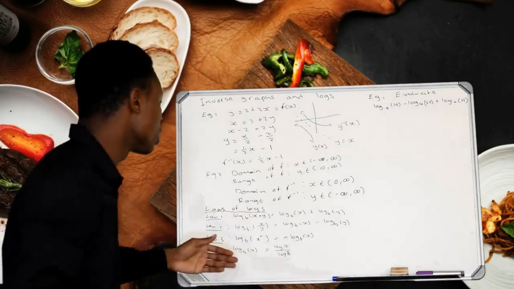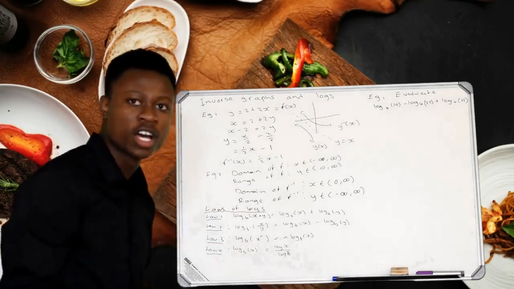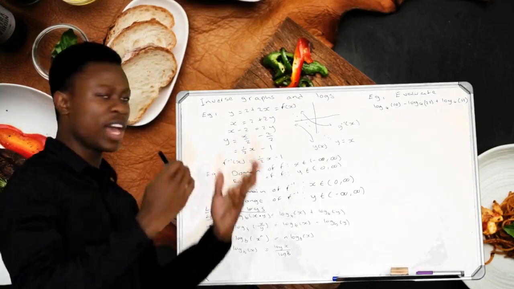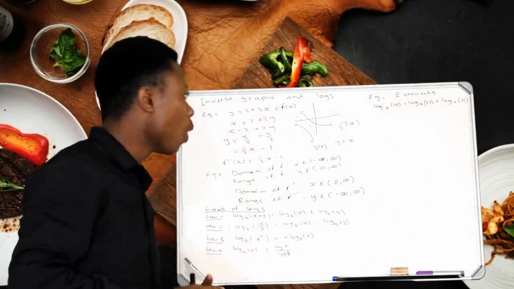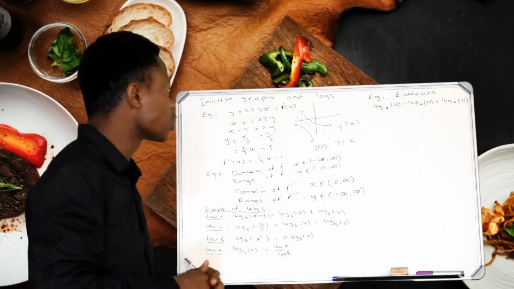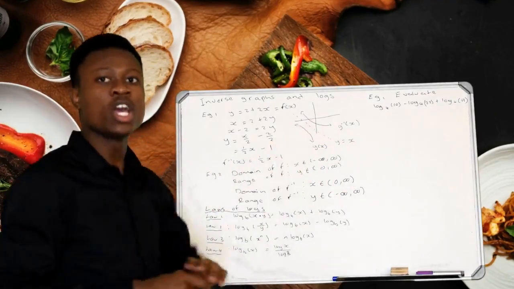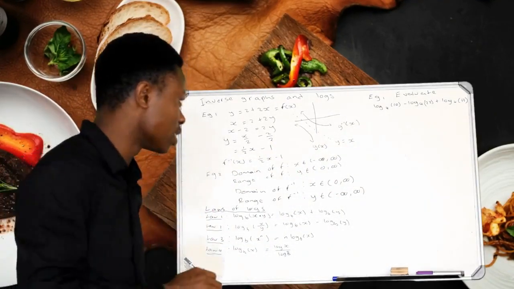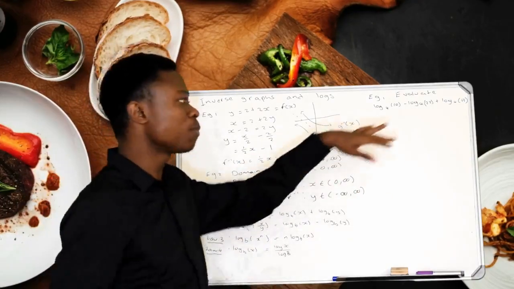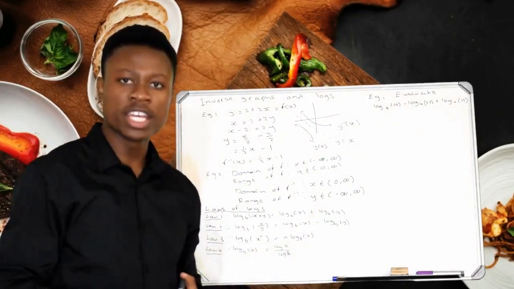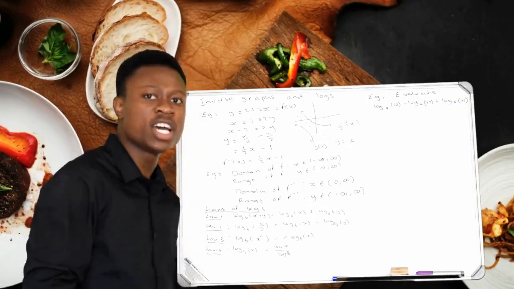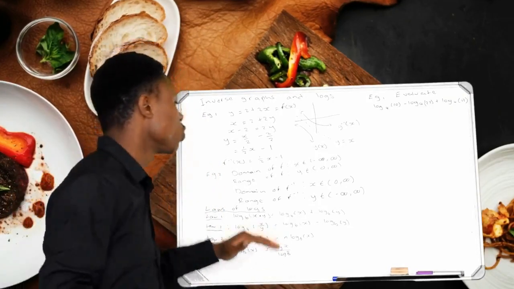I use my rules which I have over here. By evaluate, I mean, how do I get it to one term, or make it look like one thing? They say without the use of a calculator. Because if you had a calculator, you just put all of this in the calculator and see what it gives you. But without a calculator, you have to think a little bit and use your rules.